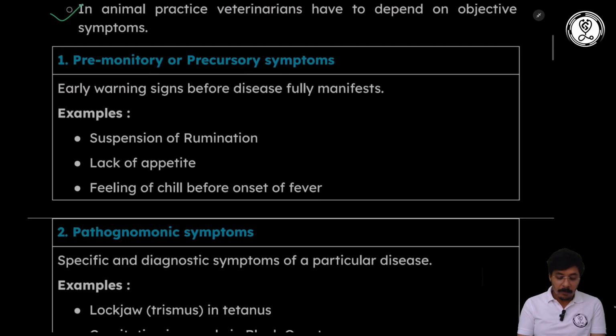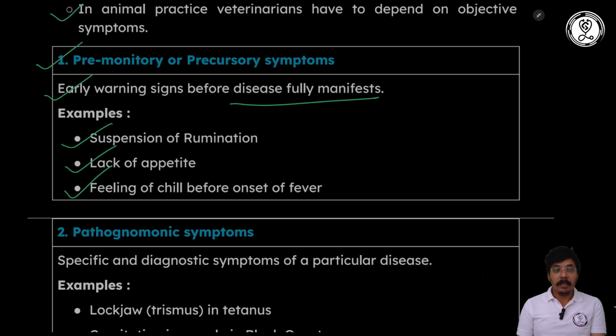Now let us talk about some subdivisions of the symptoms. The first one is premonitory or precursory symptoms. Here only warning signs are present before the actual disease manifests. Examples: suspension of rumination, lack of appetite, feeling of chill before the onset of fever.